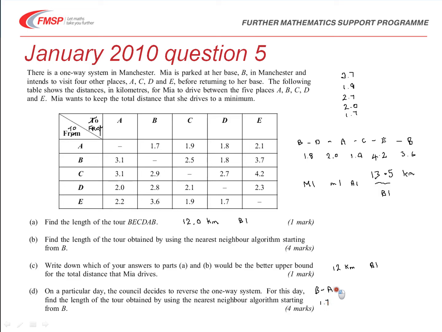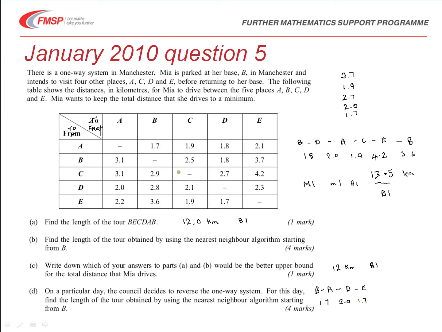Then from A, you would go to D with a distance of 2. And then from D, you would go to E with a distance of 1.7.